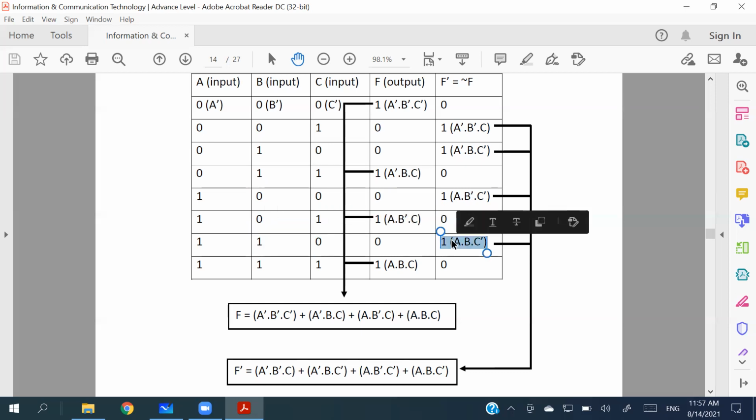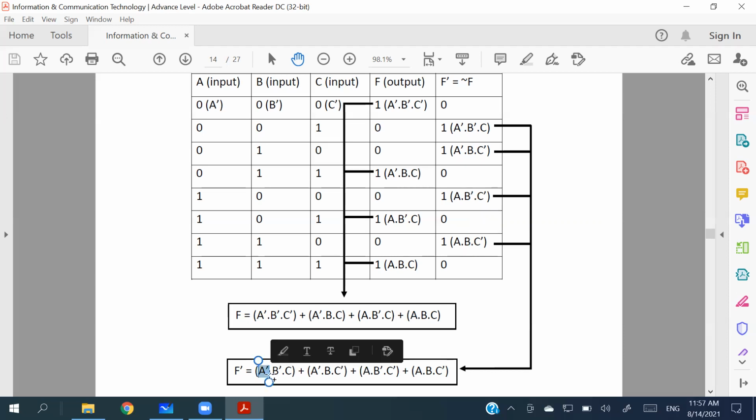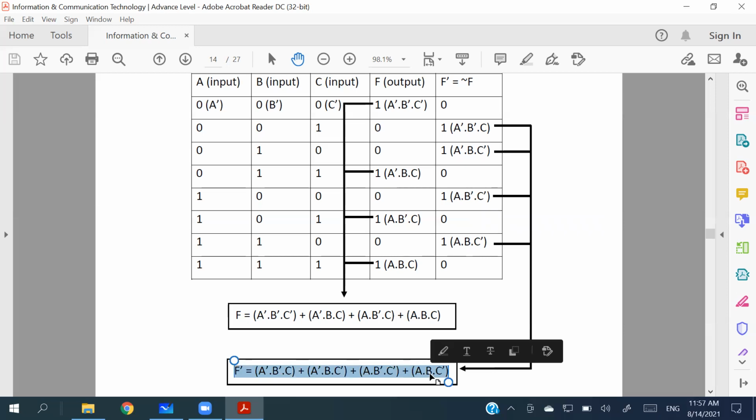So that means A dot B dot C bar, right? So now we know all 4 terms regarding the F bar. So we can write an SOP for the F bar. So here we wrote A bar dot B bar dot C plus A bar dot B dot C bar plus A dot B bar dot C bar plus A dot B dot C bar.